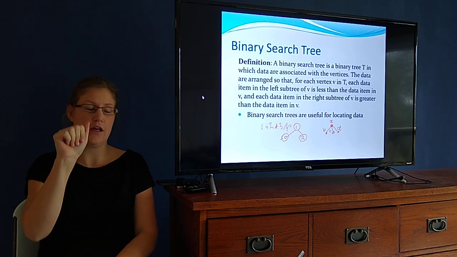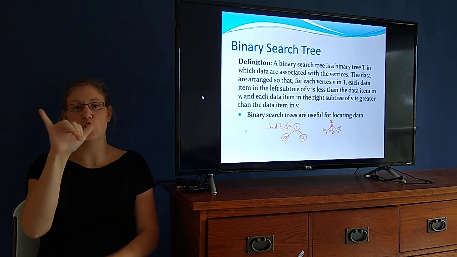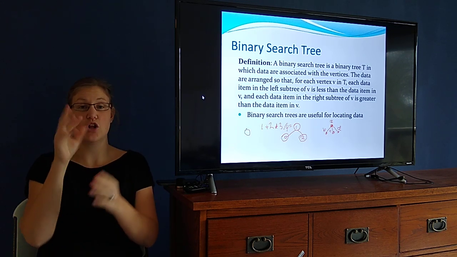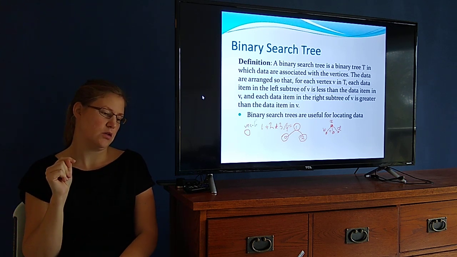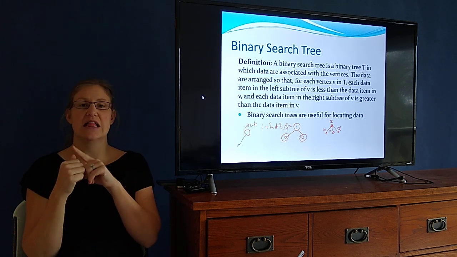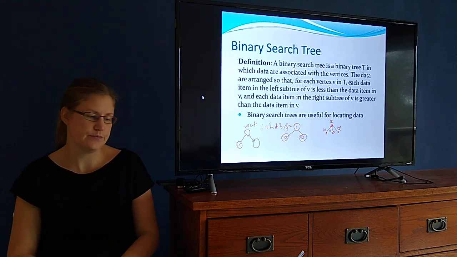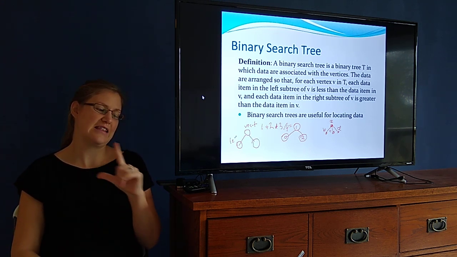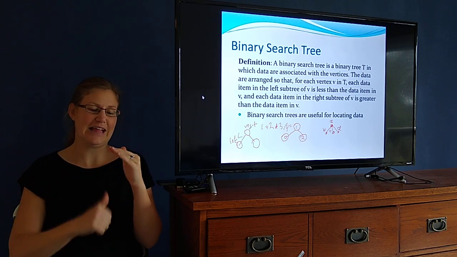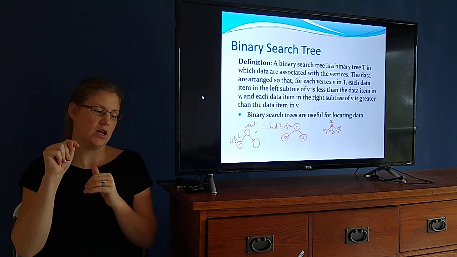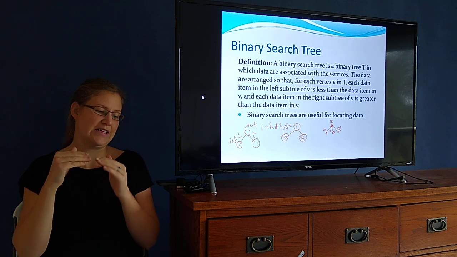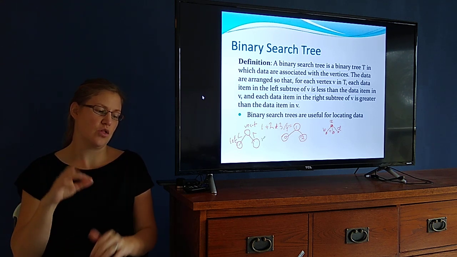So in each binary tree, given the root, we have a left child and we have a right child. The left child always is less than the root, and the root is always less than the right child.